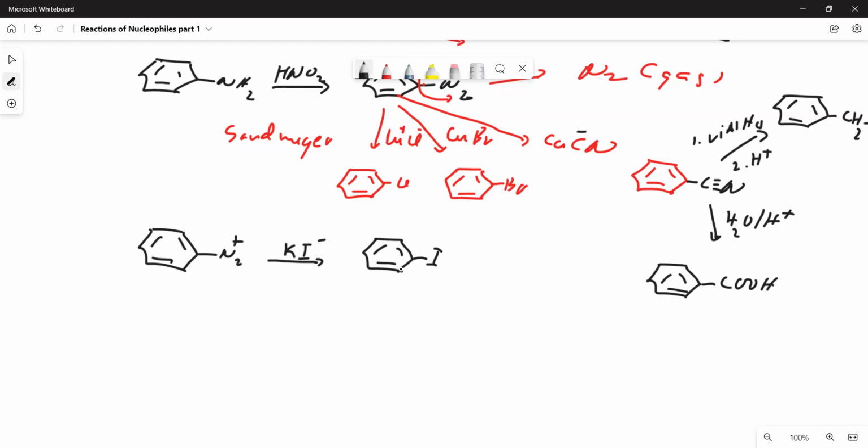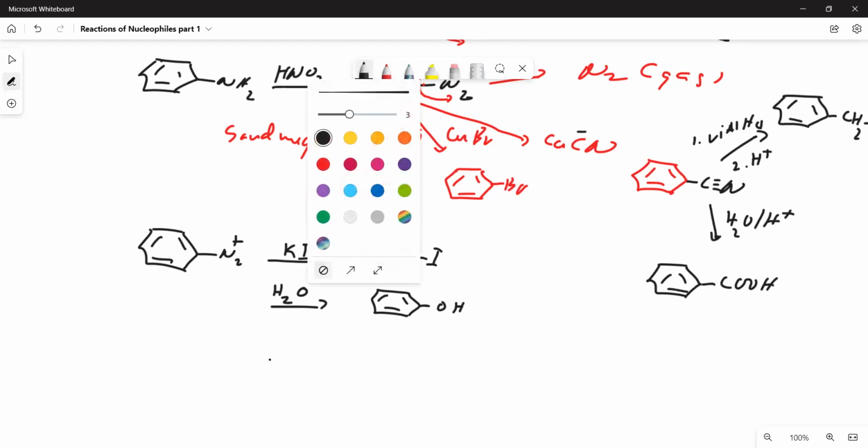Now we can also react diazonium salt with water, neatly producing phenol, and the byproduct will always be hydrogen gas. So you see, these are substituents that cannot be attached directly by electrophilic aromatic substitution. We can attach iodine, we can attach the hydroxyl group, we can attach the cyanide group through diazonium salt reaction.